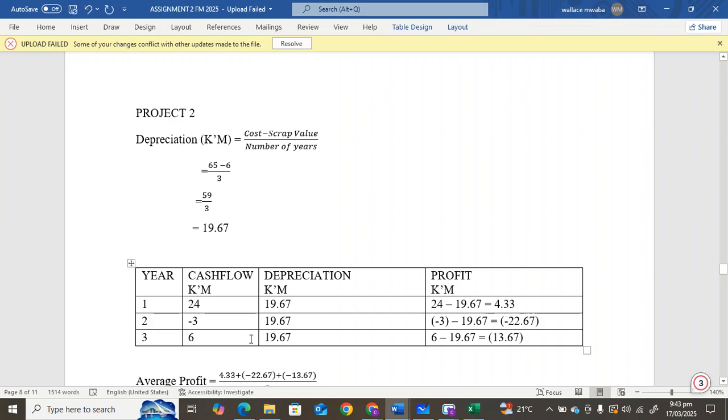Year three, cash flow 6 million, depreciation 19.67 million, accounting profit 6 million minus 19.67, negative 13.67.